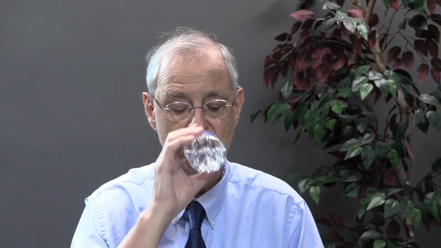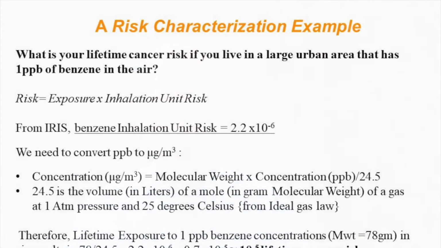All right, so how do we look at all this information in just one example to get a better feeling for how to use that information? This will be on the next slide, slide 31. Now I pose a problem. What is your lifetime cancer risk if you live in a large urban area that has 1 part per billion of benzene in the air?